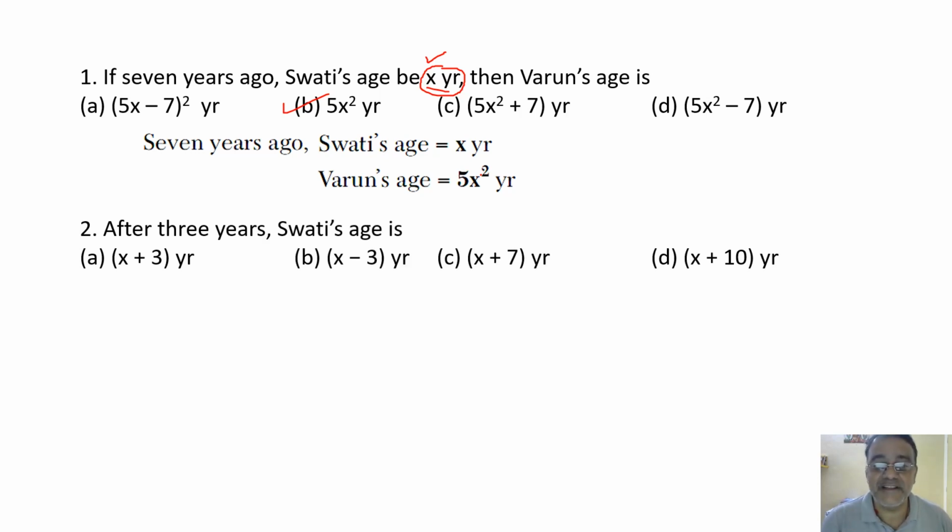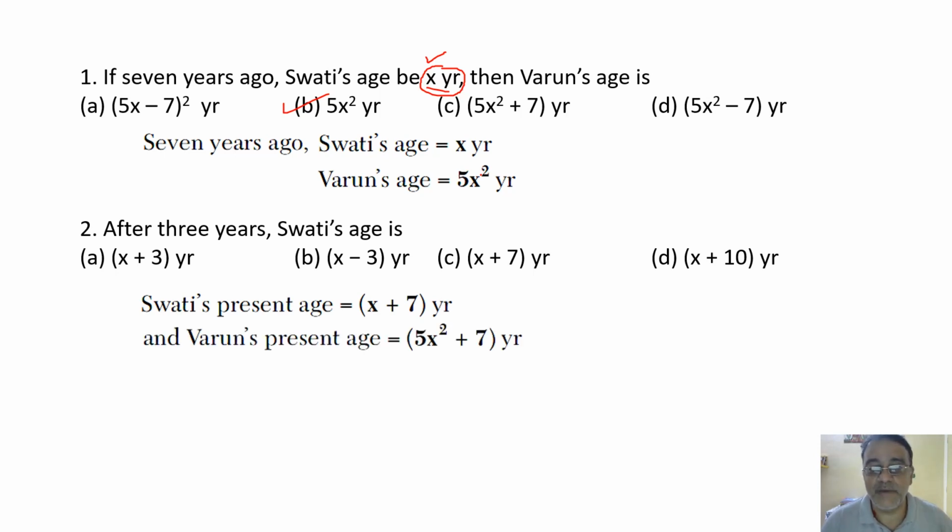Right. Now after 3 years, next question. After 3 years, Swati's age is dash. First of all, after 3 years means 3 years after the present year, right? So first of all, what is the present age of Swati? x plus 7. Very good, x plus 7 years. And Varun's present age will be 5x square plus 7.